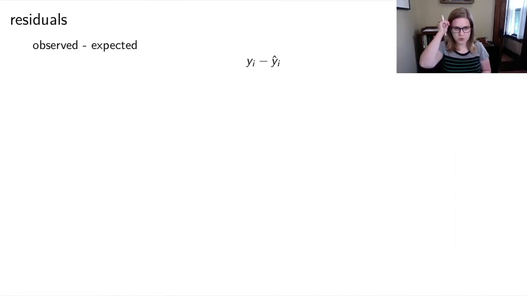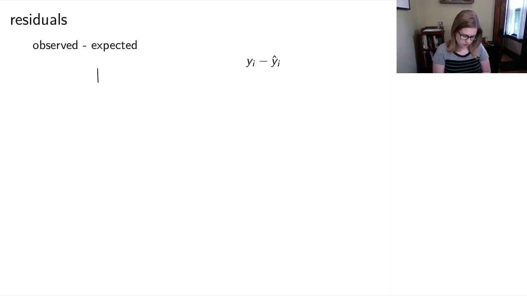All right, so just one more piece of notation for right now. We want to think about residuals. So residuals are kind of the observed minus expected values. And if we're thinking of that in terms of notation, that's our y sub i, our observed value of y, minus the y sub i hat, the predicted value for that particular observation.